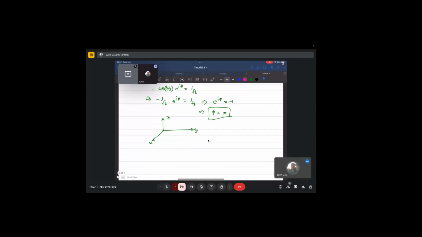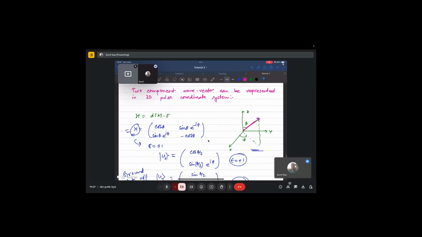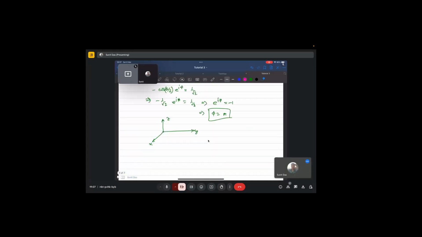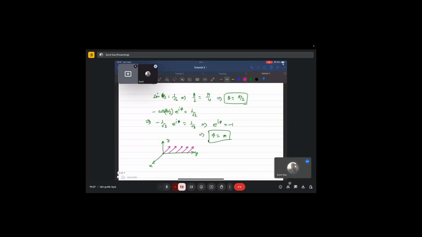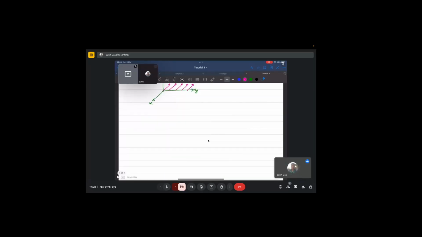So phi equal to pi means, if you see from this coordinate system, it will go and direct along the minus x axis. So the vectors corresponding to this equation B, which is the trivial case, case 1 ground state, look something like this.